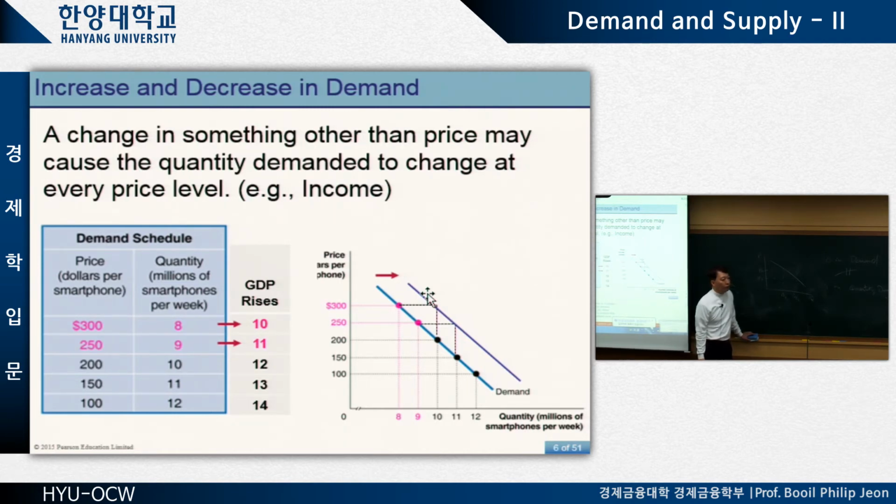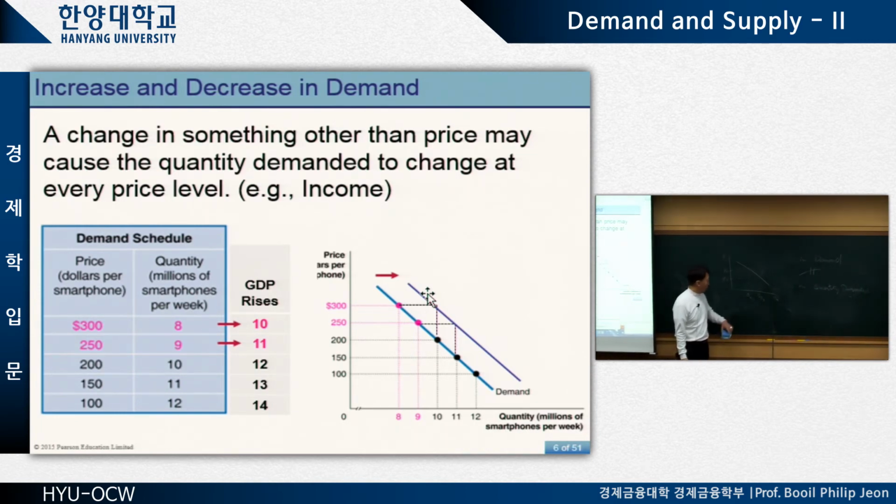And here we are assuming ceteris paribus. So we're just assuming that everything else remained the same, and only the price changed. Then quantity demanded will change.